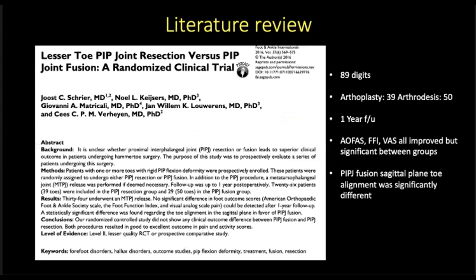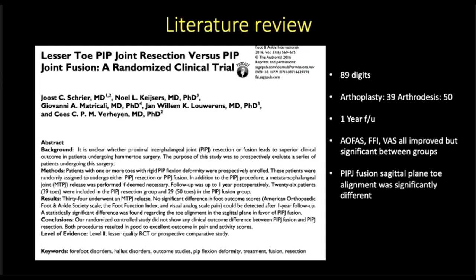This paper is looking at PIPJ fusion versus arthroplasty, 89 digits, 39 arthroplasties, 50 arthrodesis with a 1-year follow-up. What's interesting is that the scoring systems all improved very well with no real difference amongst arthroplasty versus fusion.